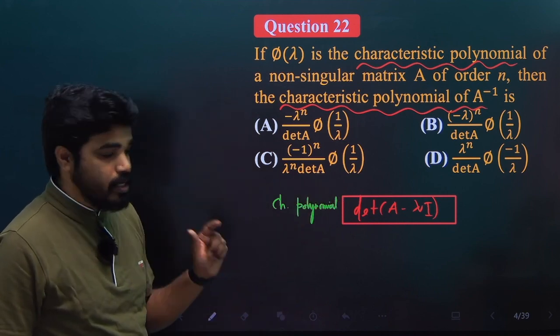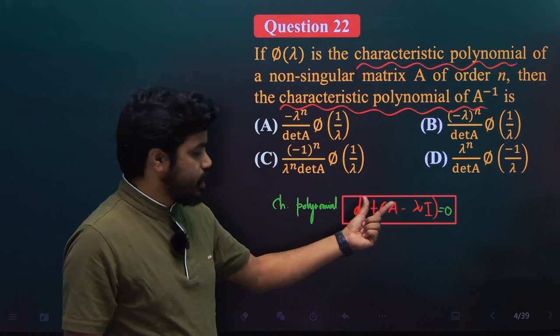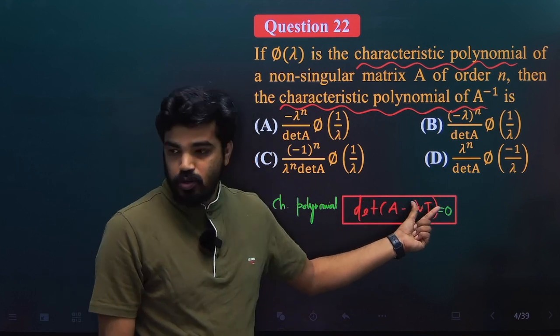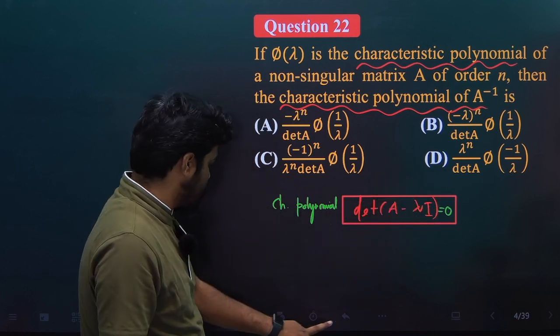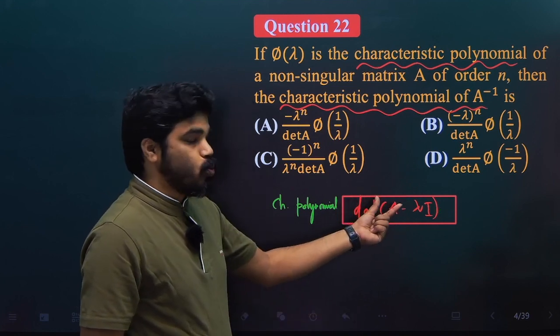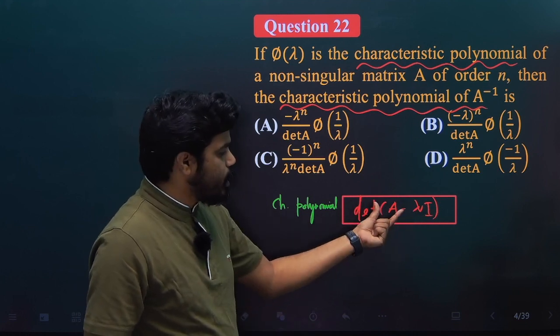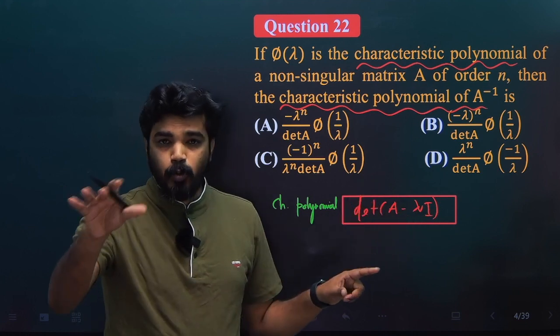Determinant A minus lambda I, if you equate this to 0, then we say that this is the characteristic equation, A minus lambda I is equal to 0. So this is the characteristic equation and the characteristic polynomial will be determinant A minus lambda I. So we get a polynomial in lambda.